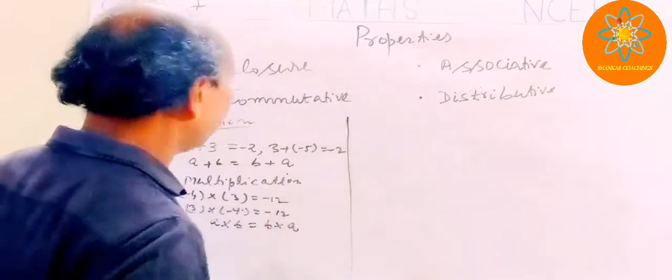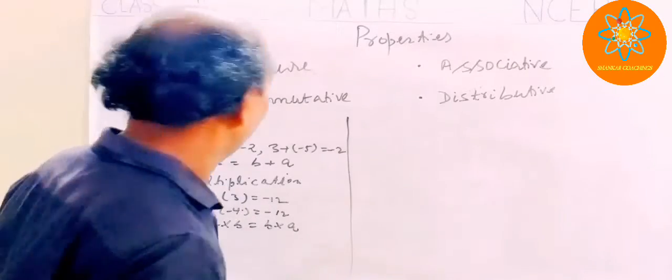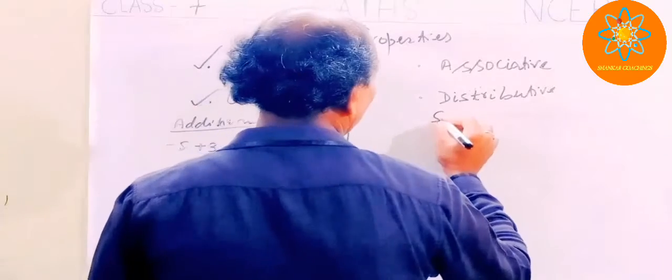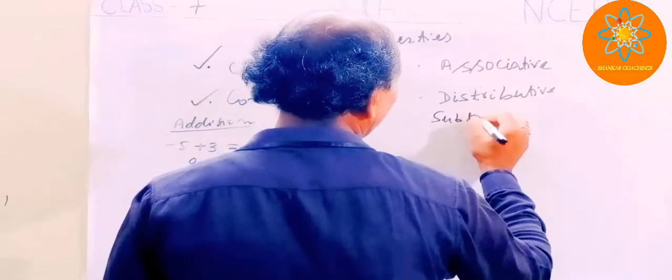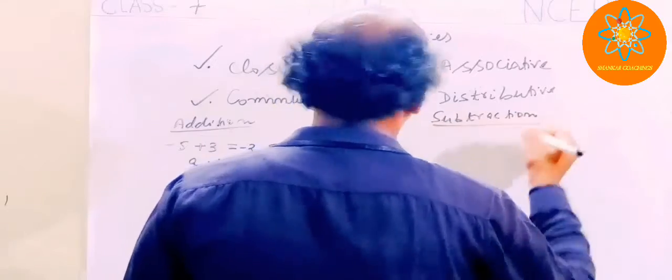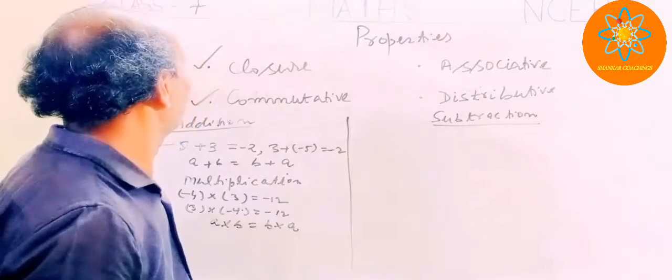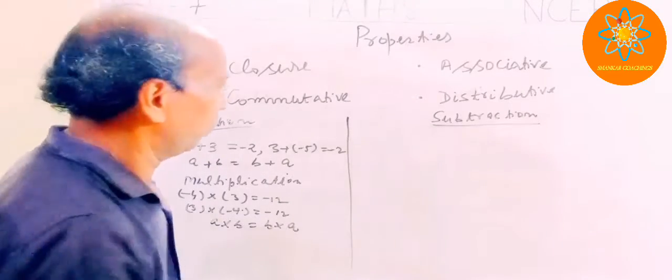Now, after addition and multiplication, I will come to the next one, that is the subtraction case. Suppose I have subtraction and I want to know whether the commutative property is true for subtraction or not.